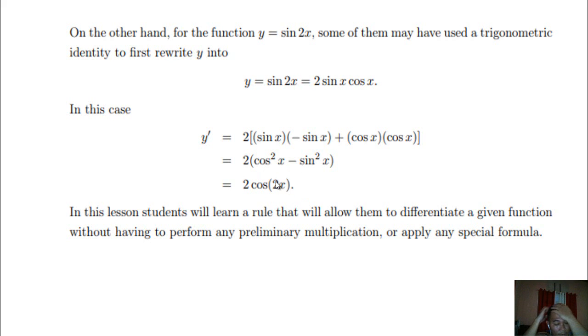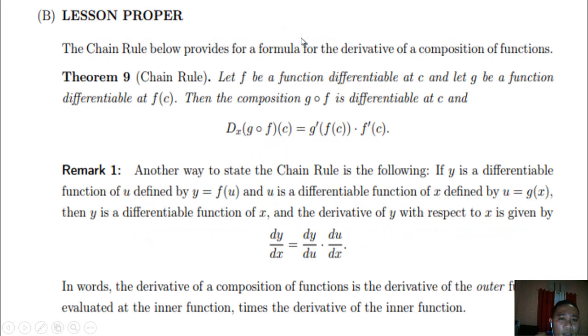So, it becomes cosine 2x, which is equal to 2 times cosine 2x, which is somewhat more difficult. But if you're going to find the derivative, then that is 2 times cosine 2x. Oh, perfect. That is it.